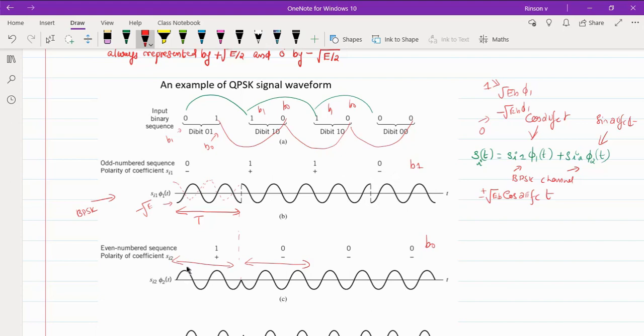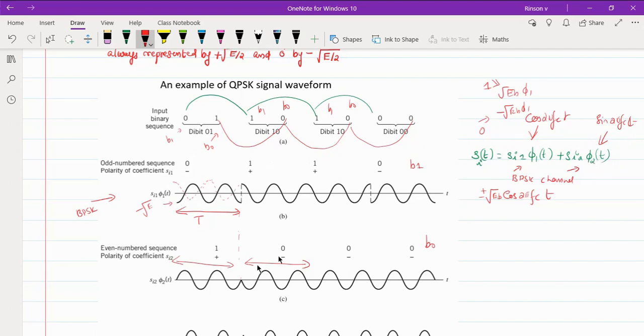Similarly, you take the even numbered sequence, that is B0 sequence. For B0 sequence, the basis is sine 2 pi fc t. The basis is a sine function. Here you had a cosine basis, so you have a cosine, then inverted that to represent 0.